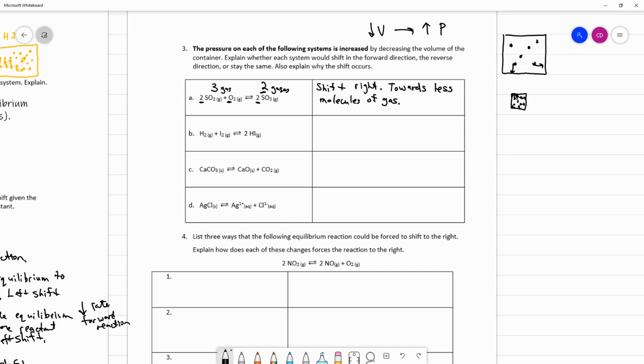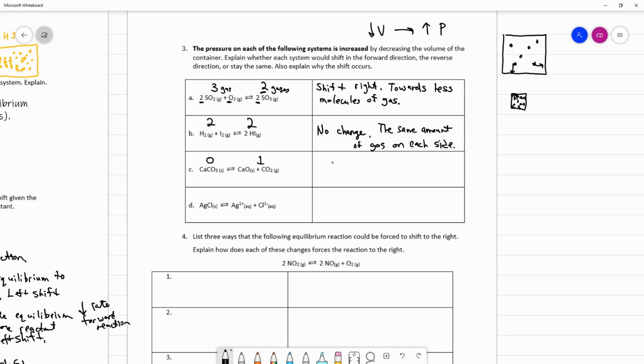Okay, so on letter B, there are 2 molecules of gas on this side and 2 molecules of gas on the right side. So this will have no change. Changing the volume of this container will have no effect. There is the same amount of gas on each side. So no effect. Letter C, this is a solid, so there's no gas there.